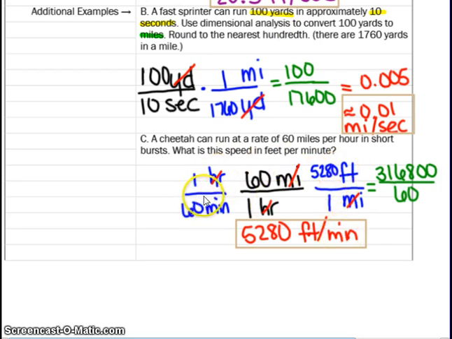Then I worked this way with the time, and I put hours across from each other so they would cancel, and I knew that there were 60 minutes in 1 hour. So then I multiplied my numerators, multiplied my denominators, and then used my fraction bar as a division symbol, and got 5,280 feet per minute.